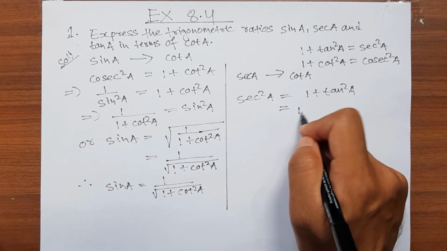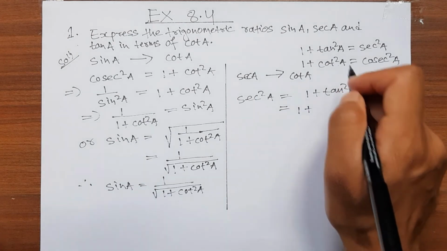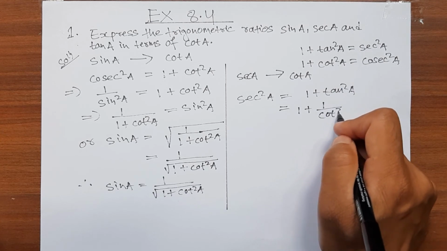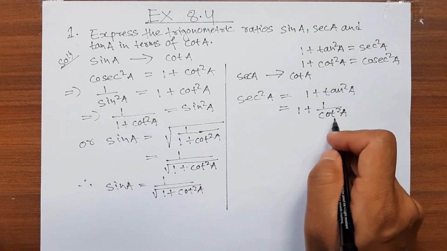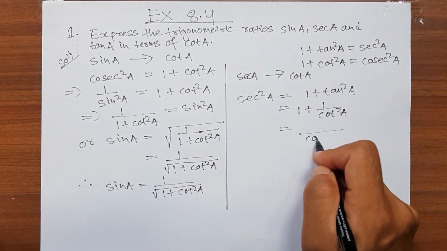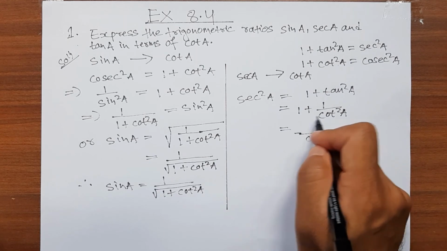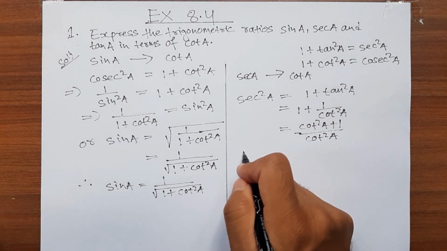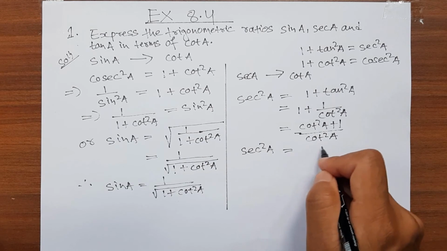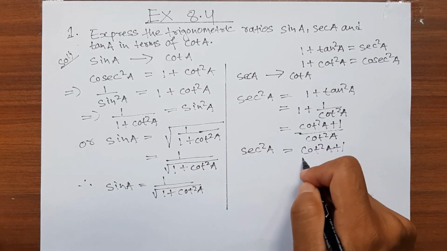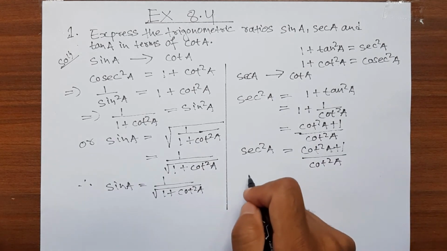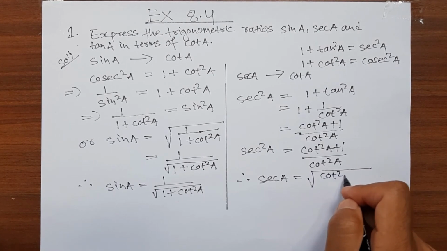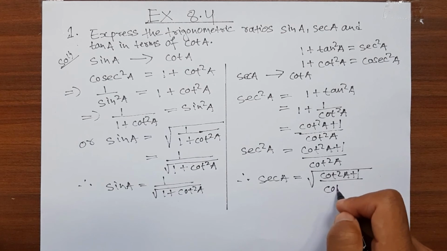So this equals 1 plus tan square A, and tan is the reciprocal of cot, that is 1 by cot square A. So this equals cot square A plus 1 by cot square A, that is sec square A equals cot square A plus 1 by cot square A. Therefore sec A equals root under cot square A plus 1 by cot square A.